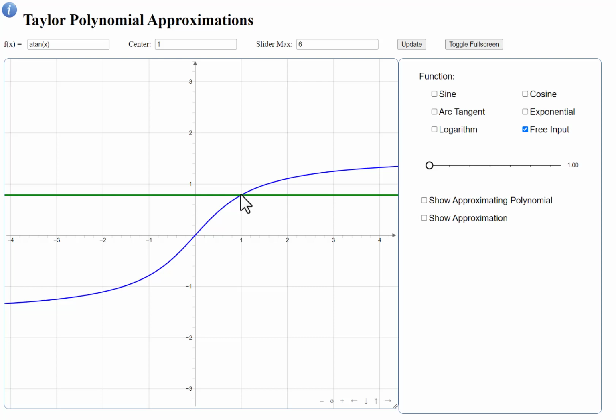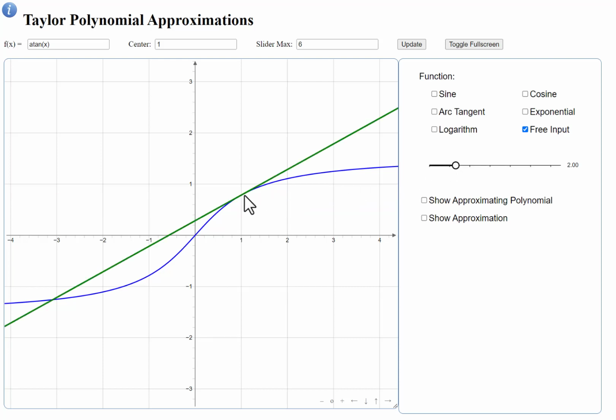That just means that the first linear approximation agrees at only this one value, which is here. Now, if I increase and get a second term in this approximating polynomial, it's a better approximation. It's linear, okay? But we're getting a better approximation.